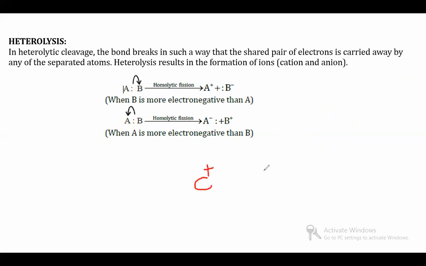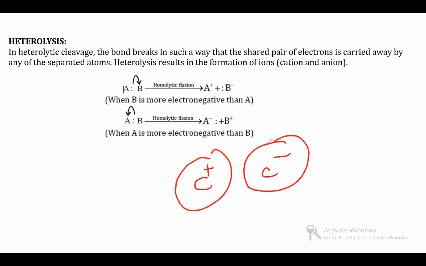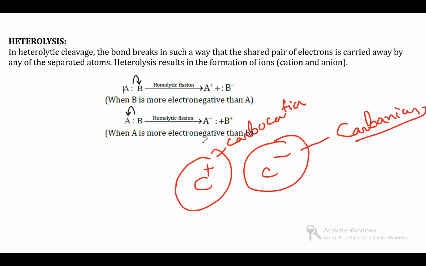a positive charge and a negative charge on carbon, because organic chemistry deals with the study of carbon compounds. So carbon can form a positively charged ion, and carbon can also form a negatively charged ion. The positively charged carbon ion we call a carbocation, and the negatively charged carbon ion we call a carbanion.